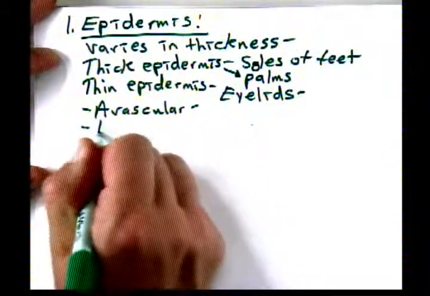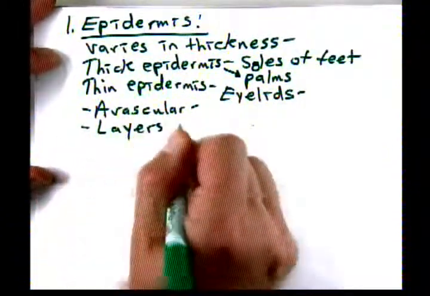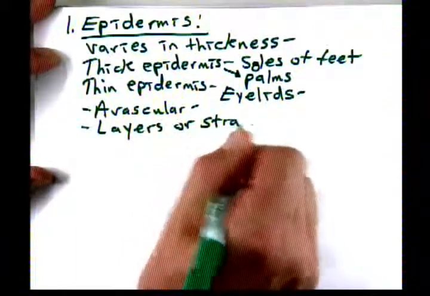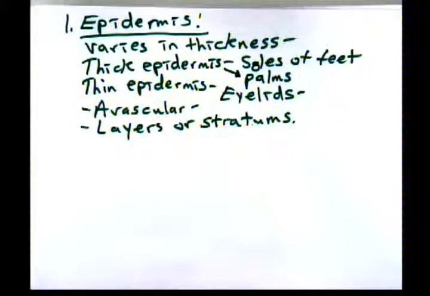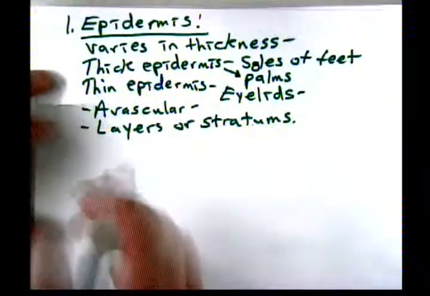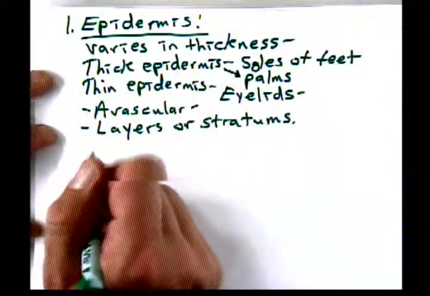But it does come in different layers, or what we're going to use the term stratums. Layers or stratums. And if you look on page 153, I can't fit it very well underneath my TV screen. So I'm just going to note it here.